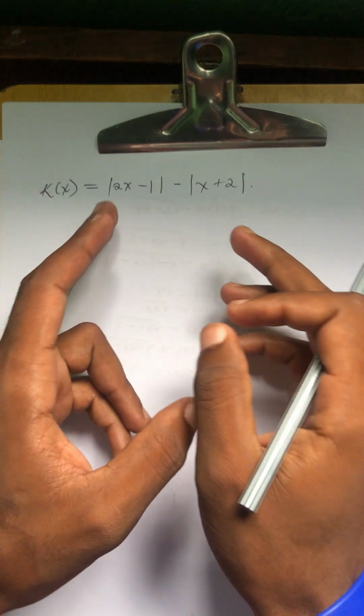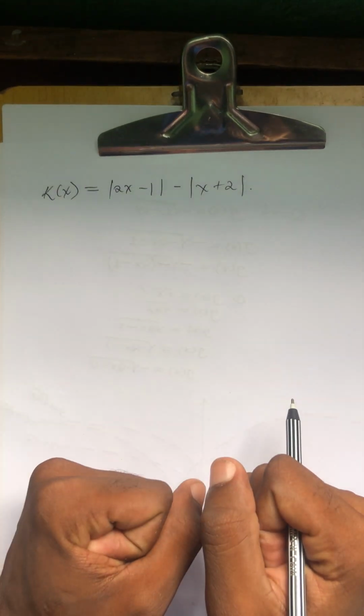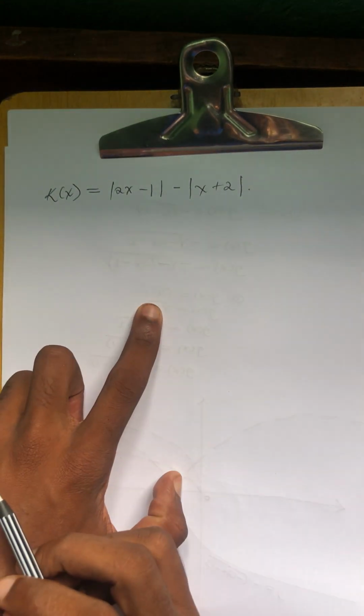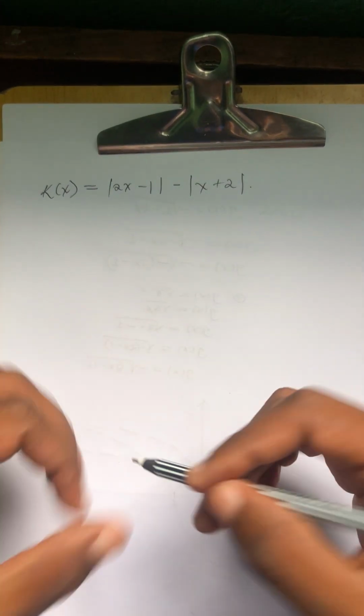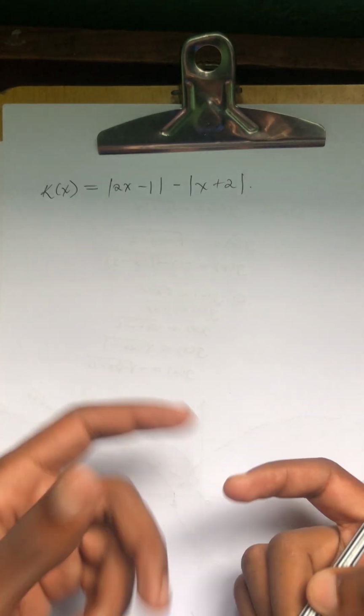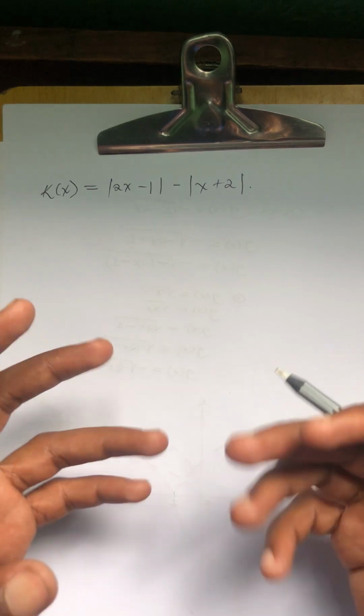Okay, so for us to redefine this, we'll get these two functions out of these moduluses. Then we will ignore the sign in between. Then after we have gotten those two functions, we equate them to 0 so that we could find what? The breaking point or the critical values.